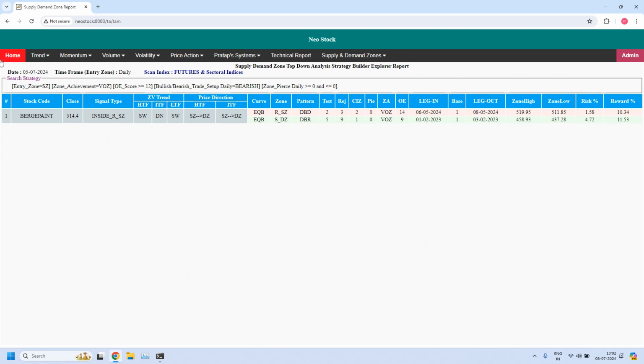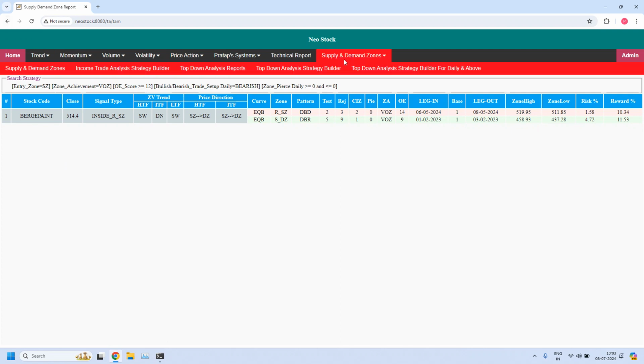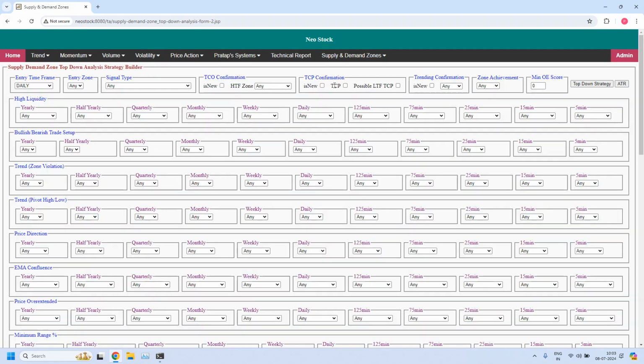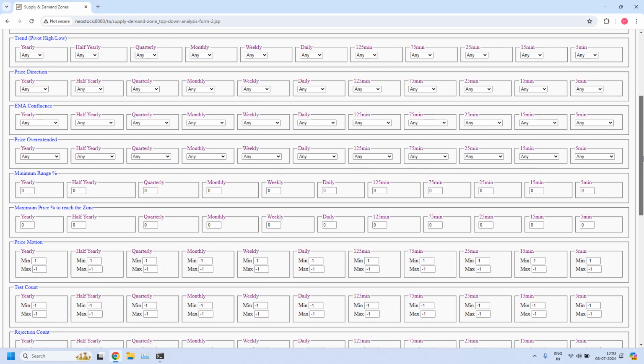So I am going back and generating a weekly income trade. In weekly income trade, entry time frame is 75 minutes. Bullish trade setup, it is a demand zone. In bullish or bearish trade setup parameter, in 75 minutes time frame, I am selecting the value bullish. This time, pierced zone filter should be set to 75 minutes time frame.